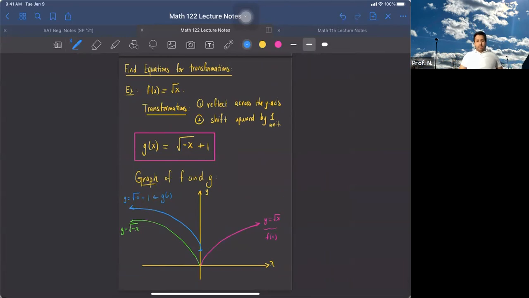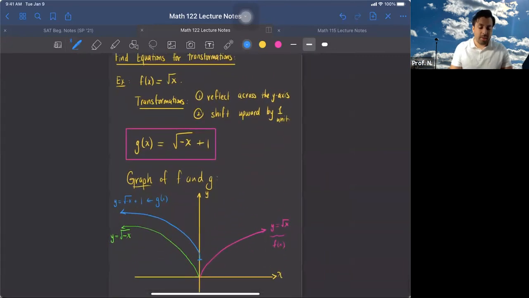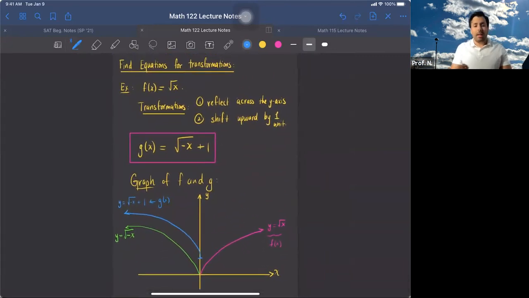I'm glad. So the most important part of all of this, well, there are actually two important things to understand transformations well. You need to know the parent functions: power functions, reciprocal functions, root functions, absolute value functions.